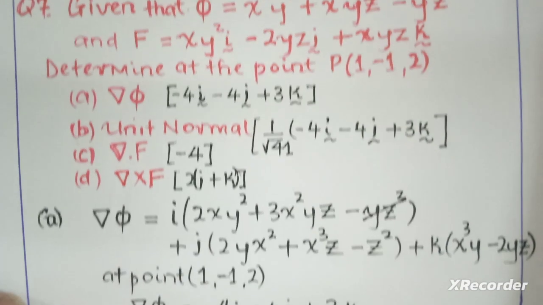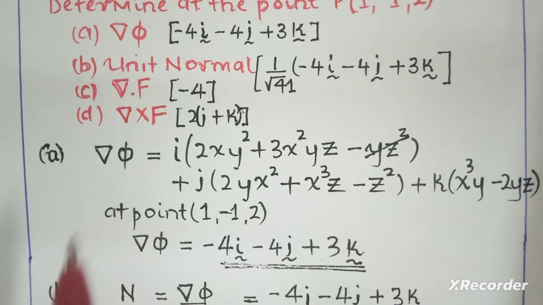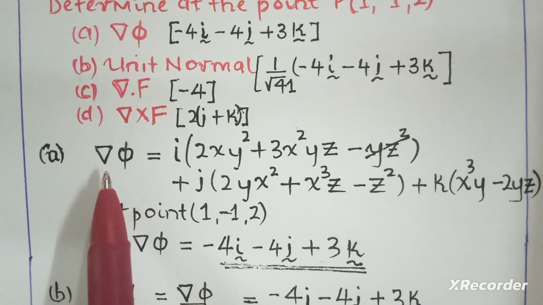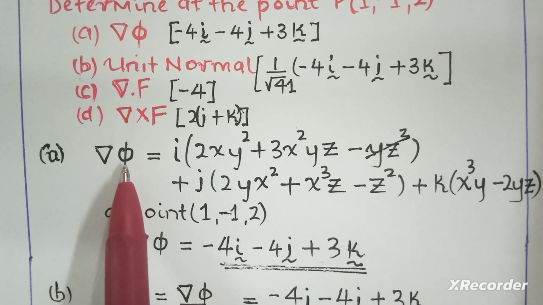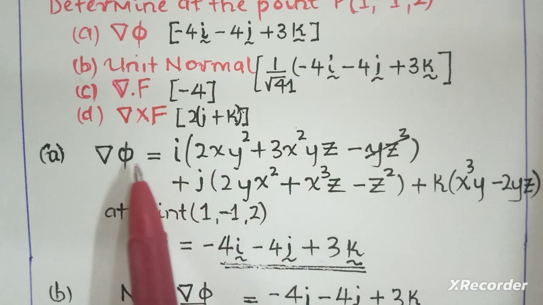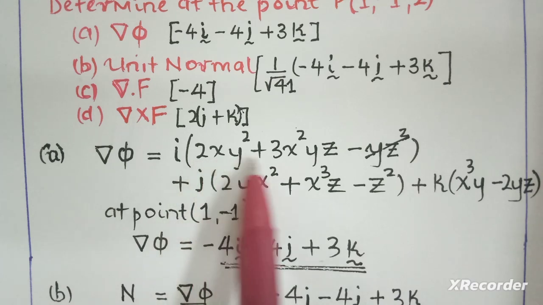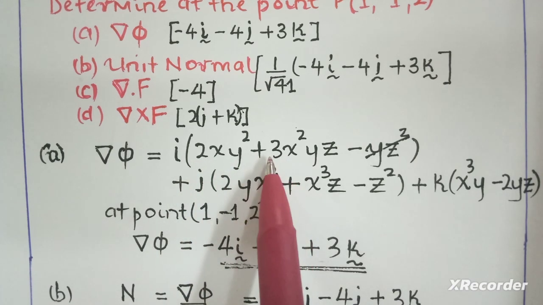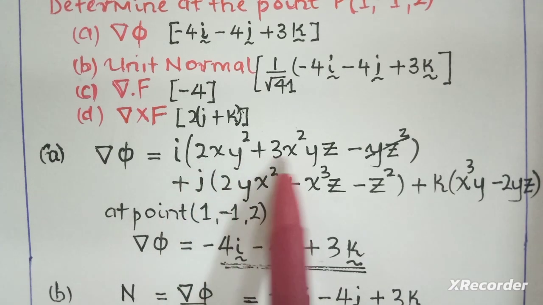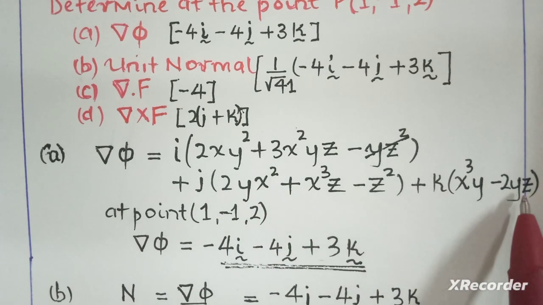So for the first one, guys, we just do it as we have done the former one, and this is how it is done. We find the partial derivative with respect to x for the first one. The second one is with respect to y, the third one is with respect to z.